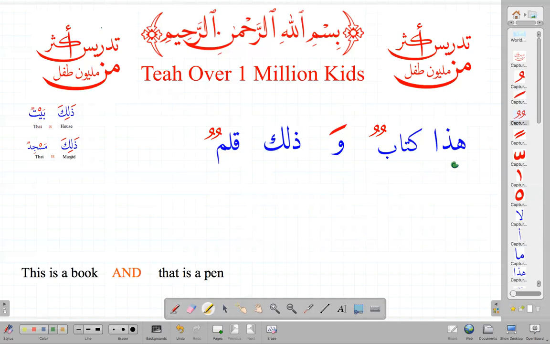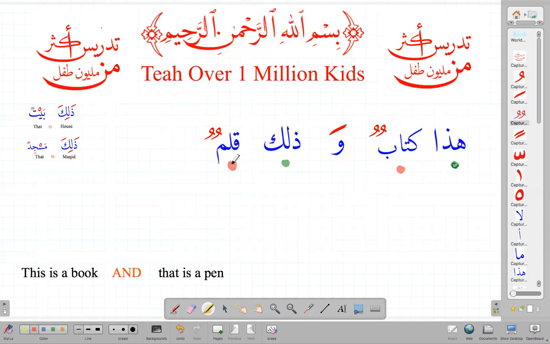This is مبتدا and this is مبتدا. Means the subject. And we have كتاب. We said it's خبر. And قلم as well is خبر.